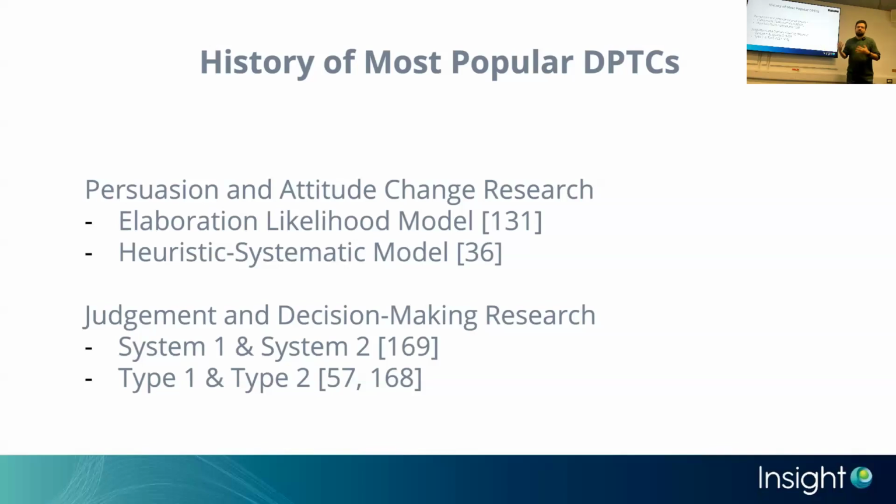Then later on, I think around the 2010s, Evans tried to bring back the terms Type 1 and Type 2 processing, because the terms System 1 and System 2 imply that there's one system that controls everything, whereas it's much more likely that the type of processing you see happens throughout the brain in different areas, and different areas may be in charge of one thing, and sometimes they're called in, sometimes they're not.